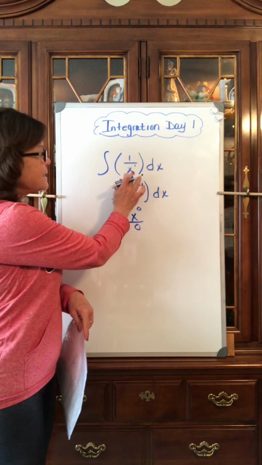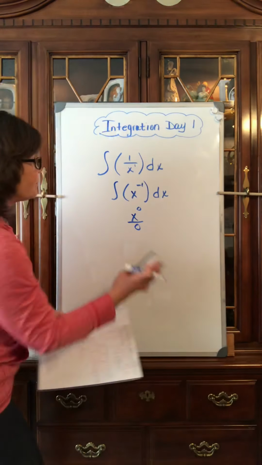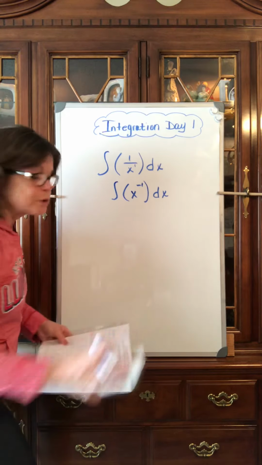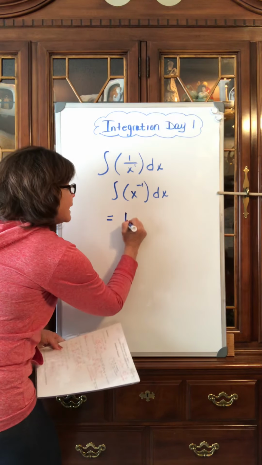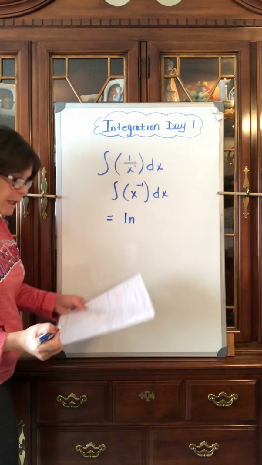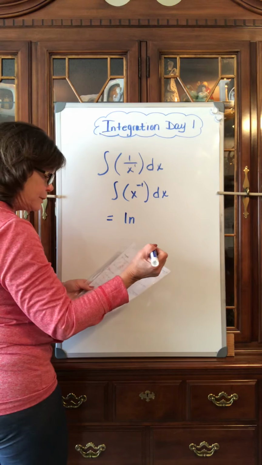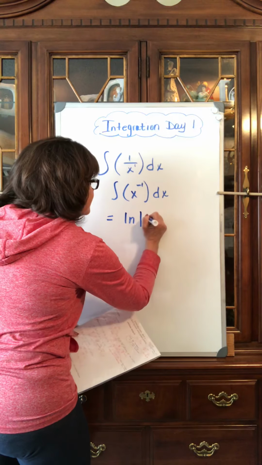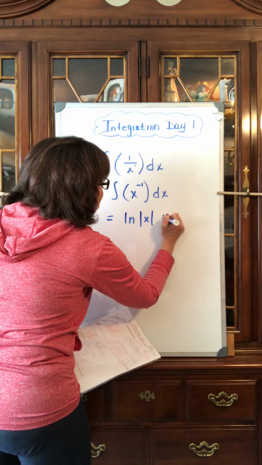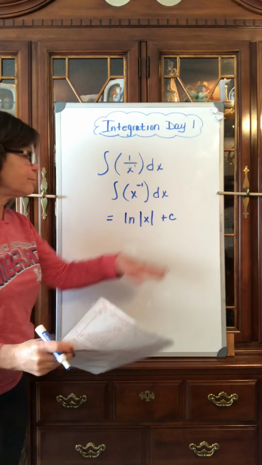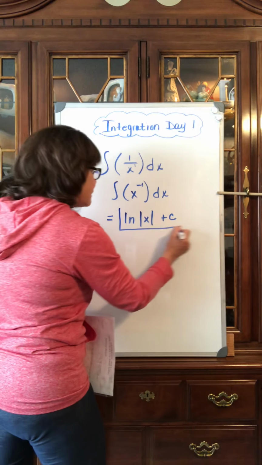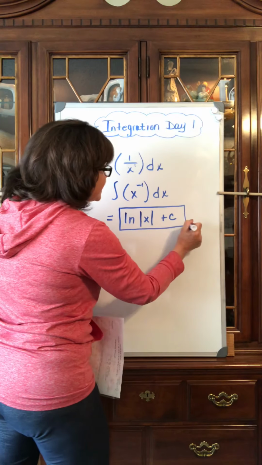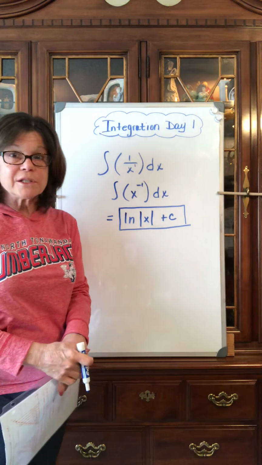So this situation is always equal to ln, which is the natural log of the absolute value of x, and then you have to have plus c because there could have been a possible constant. So this is just something that you're going to have to memorize next year. That'll become more important as you continue on with Calc 1.